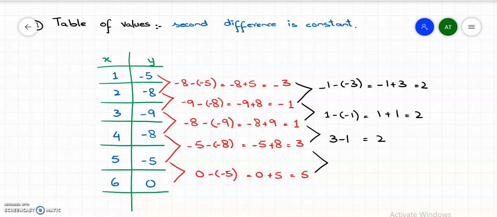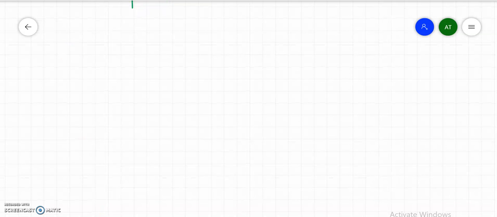The difference between 3 and 5 is 5 subtract 3, equals 2. So the second difference is constant, that is 2. When the second difference is constant, we can say that the given table of values represents a quadratic relation. Let's move to the second way.